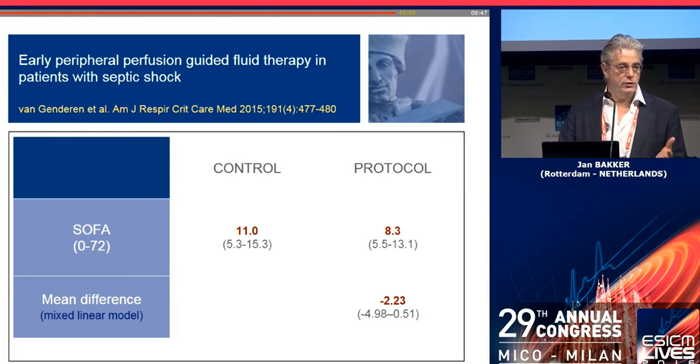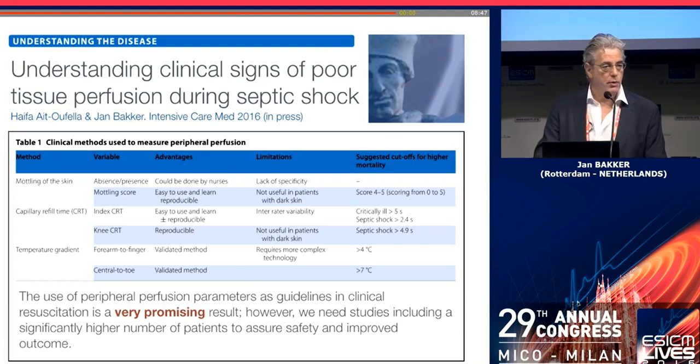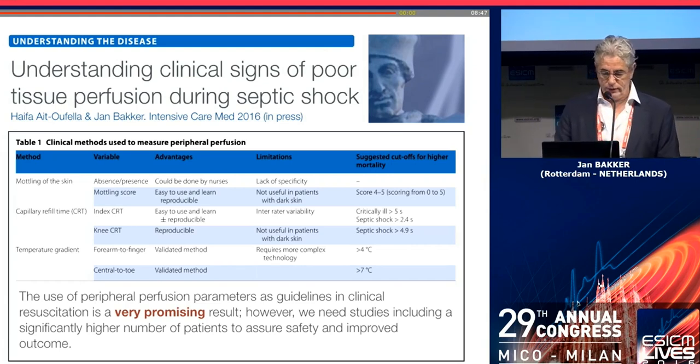You can increase norepinephrine, you can give furosemide, but you're not allowed to give fluids. And so a fluid restriction based on peripheral perfusion, he found that the protocol like this improves organ failure and is not associated with problems. And so it's safe to restrict fluids when your periphery is warm, although you have a very relevant clinical problem.